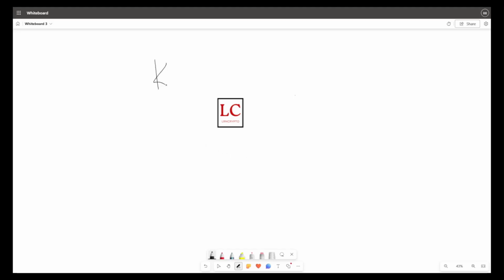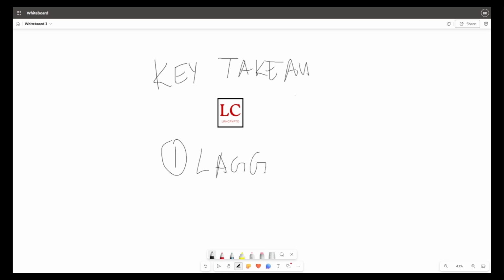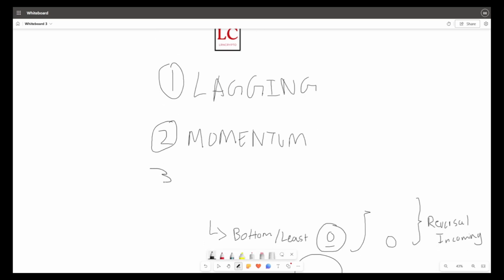What are the key takeaways, right? Number one, this is a lagging indicator. Number two, it is a momentum indicator. Number three, stochastic goes from 0 to 100.